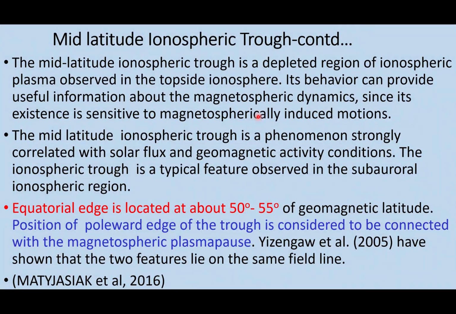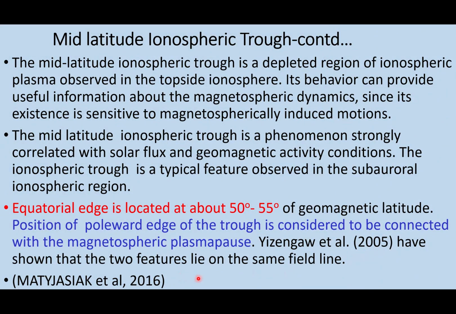The location of the equatorial edge coincides with the plasmapause boundary, and that connection is through the magnetic field line. So Ishigawa in 2005 showed that these two features, the plasmapause and the mid-latitude trough, lie on the same field line.